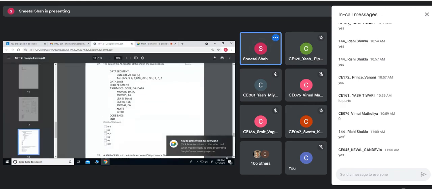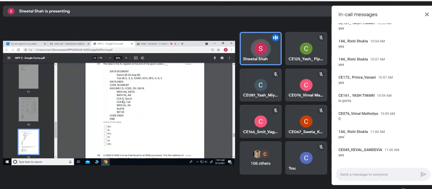Now, this part: the data in the AL register at the end of the given code. So this is the given code, and we have to find out what the data should be at the end of this program. Here we have a lookup table, tab, defined with some data given here.